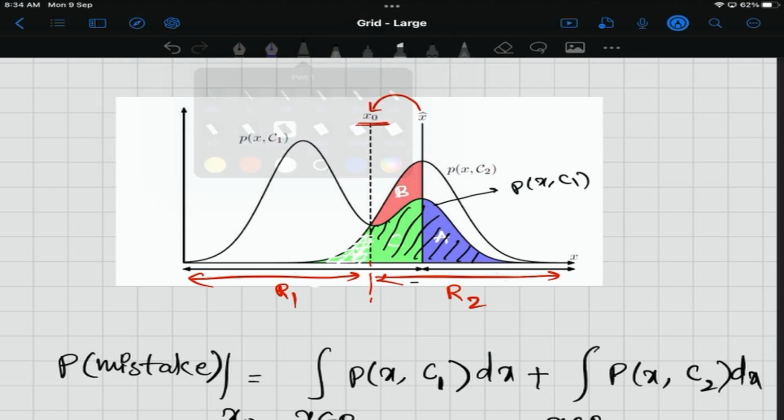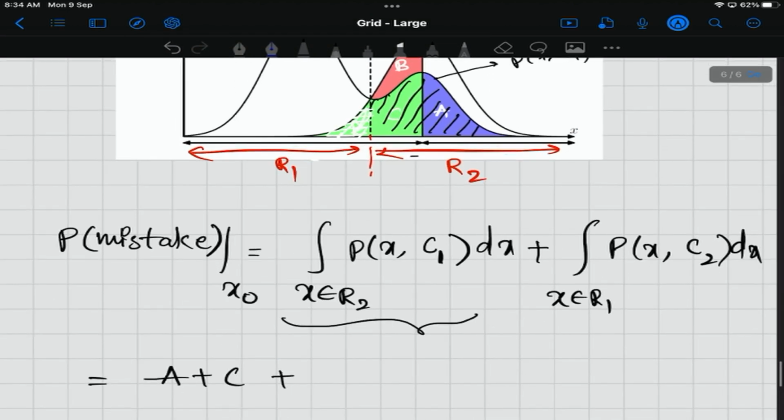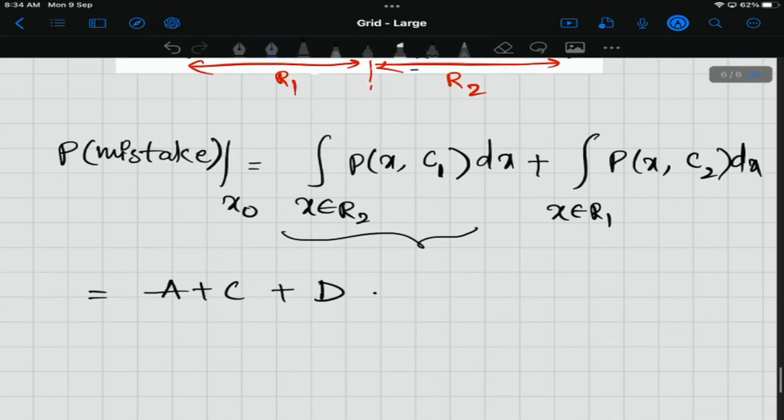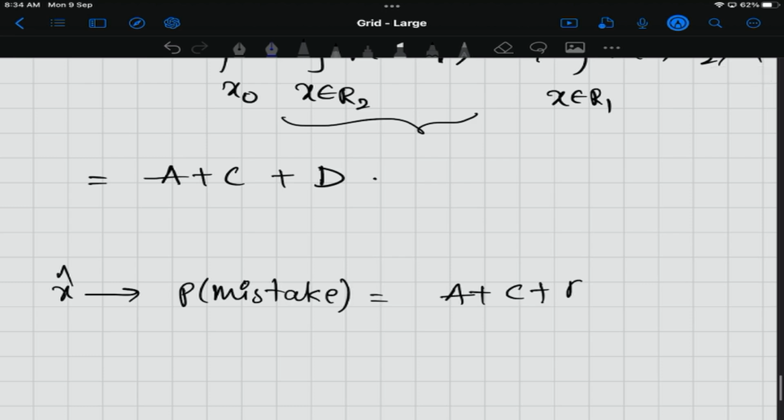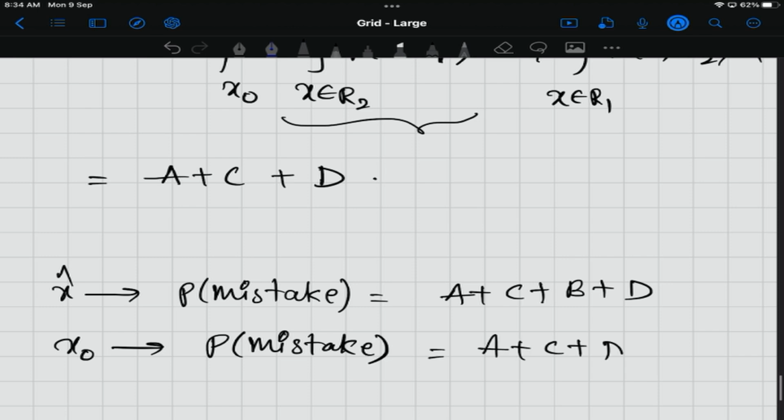Then this becomes A plus C plus D. Yes. So in the previous case when I used my x hat, my probability of mistake is A plus C plus D, and when I am using x naught, probability of mistake is A plus C plus D.